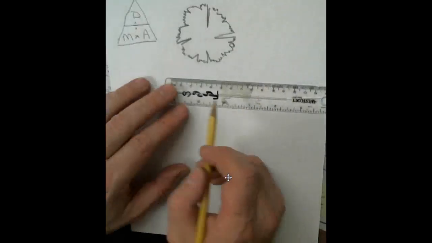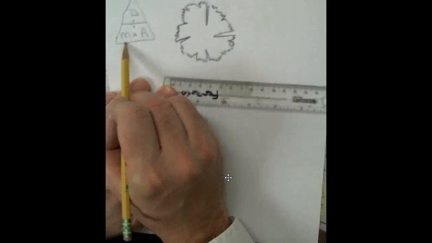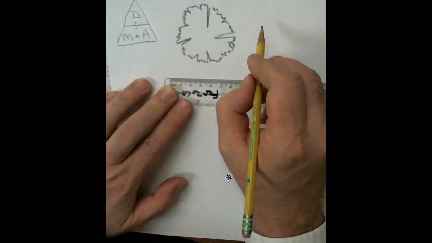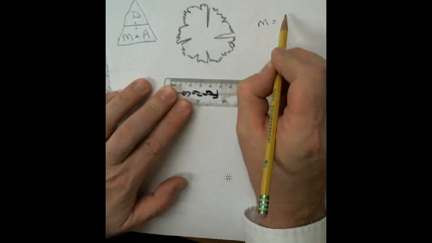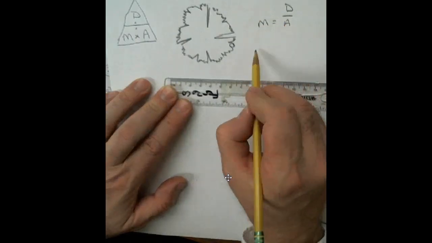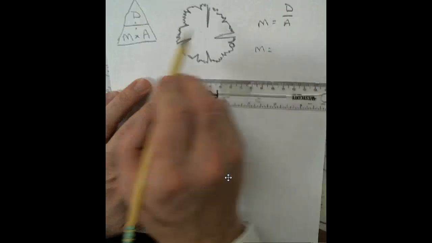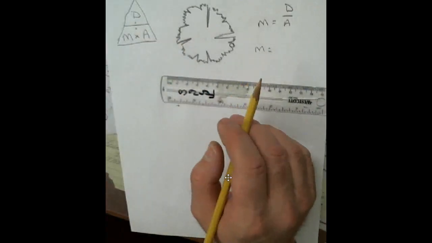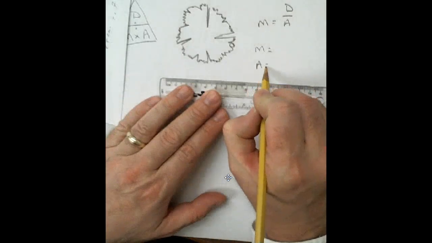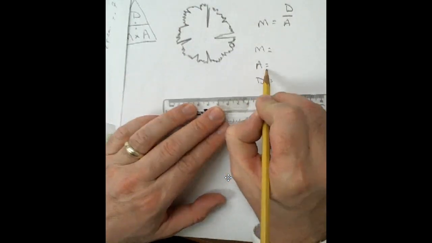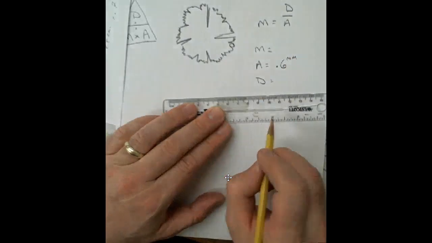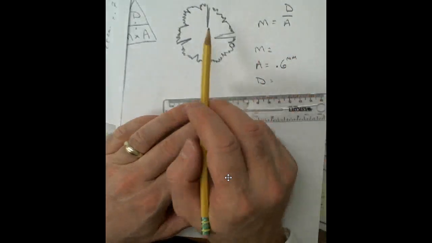So our actual here, we're trying to get magnification, because I drew this. We want to say how big this is. So we're trying to solve for magnification. Magnification is the drawing size over the actual. That's the formula we're going to use. The actual size of the specimen is 0.6 millimeters, and we're going to convert that into micrometers.